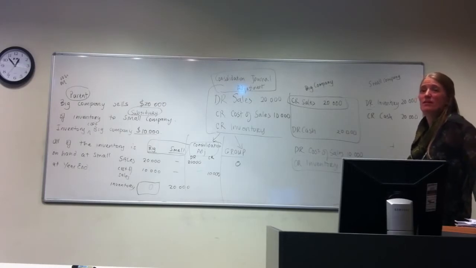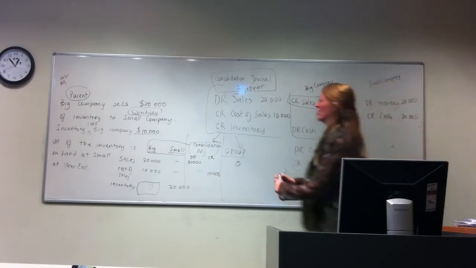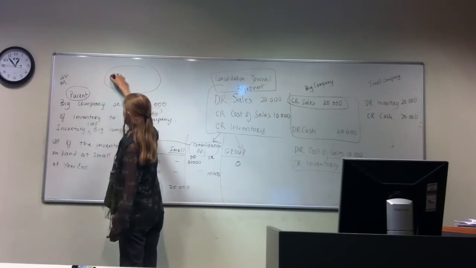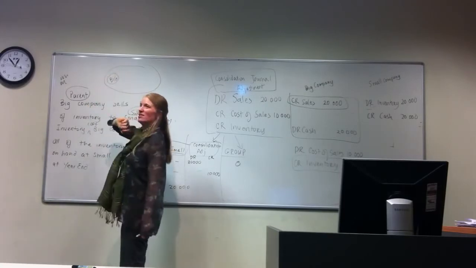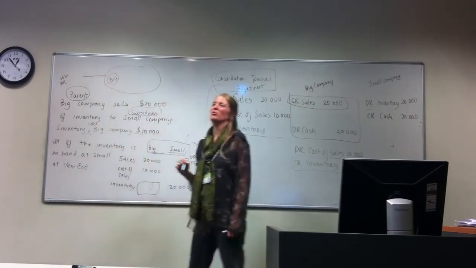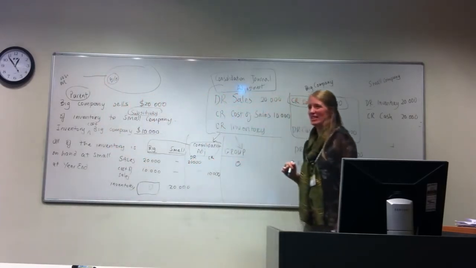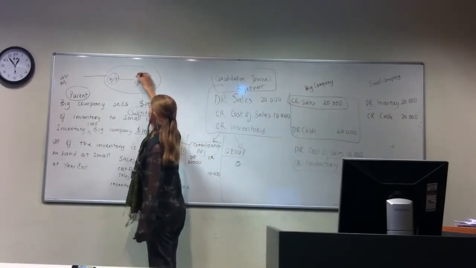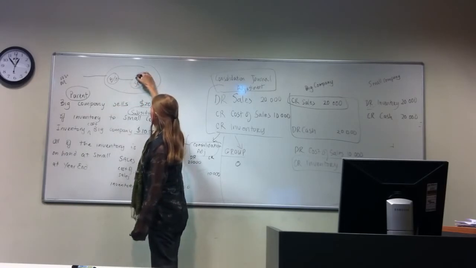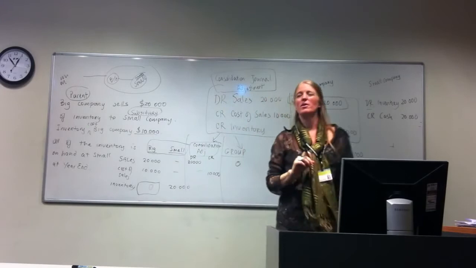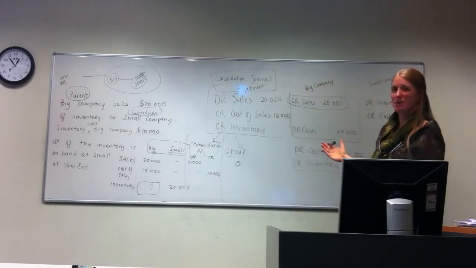Starting from a big company, it was worth 10,000. That's right, exactly. When big company purchased it from outside of the group, it cost 10,000. The fact that it's now been sold within the group to small for 20 doesn't matter. From the group's perspective, we're only worried about how much it cost when it came into the group.